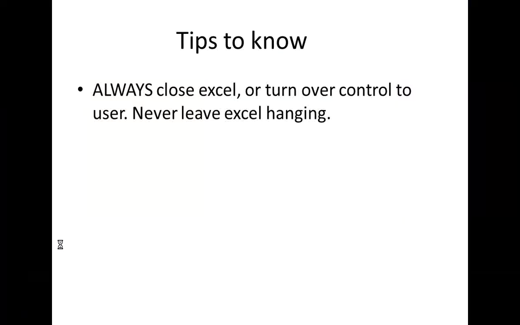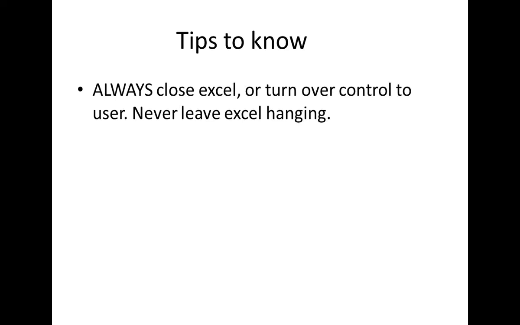One of the important things is to always close Excel or turn over control to users. Never leave Excel hanging. You should have error handling that either closes your Excel application or at the very least makes it visible so that the user knows what's going on.